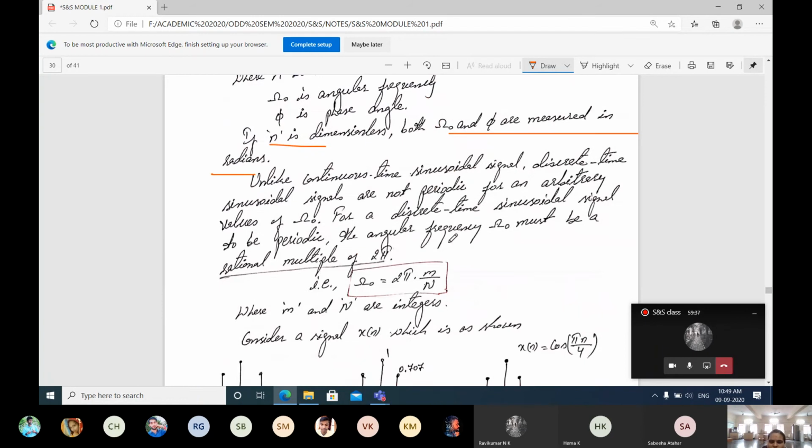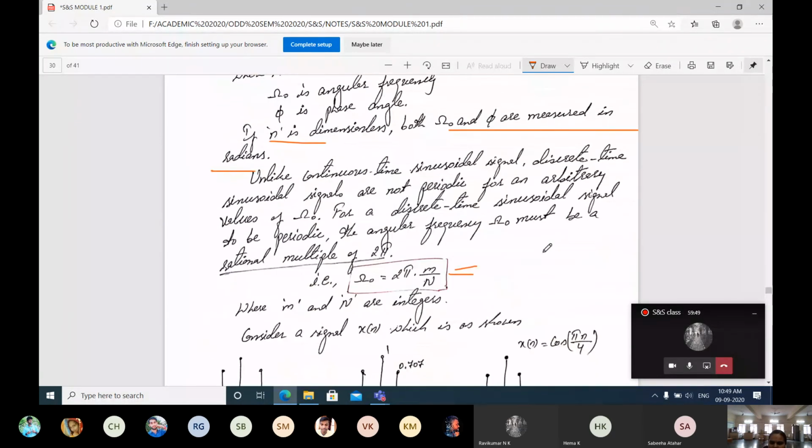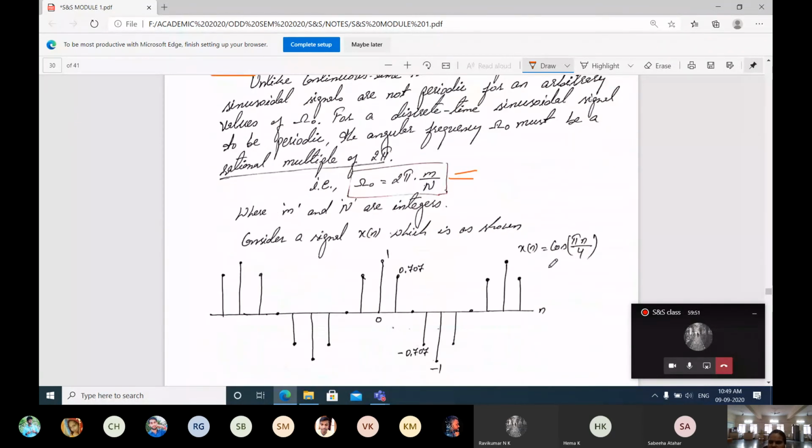Okay. Here, this is very important, as already told. Our angular frequency is going to be taken as 2 pi m by capital N. Then, what is the signal? Here we take an example: x of n equals cos of pi n divided by 4. If I substitute n as 0, I will get 1.